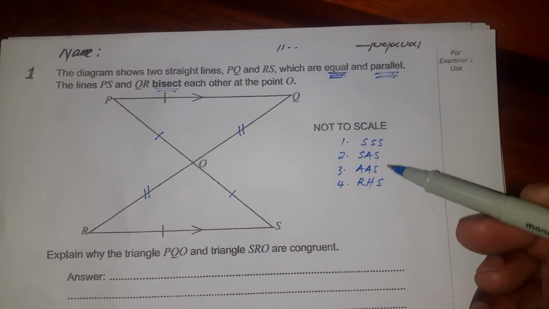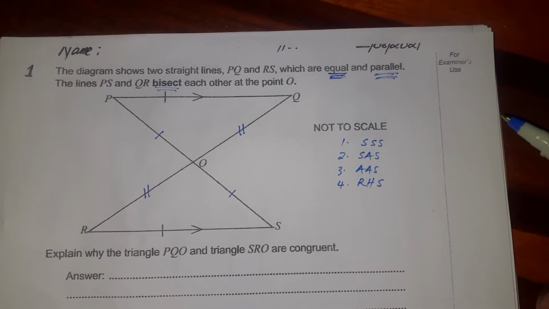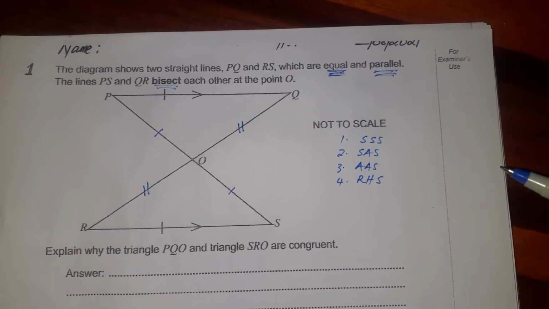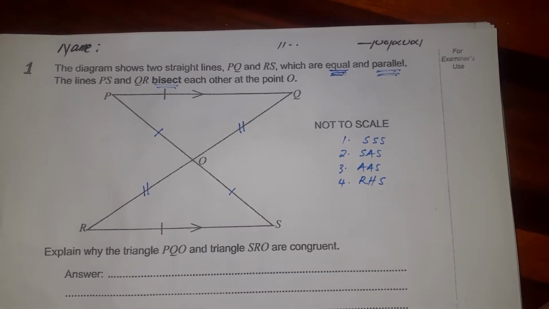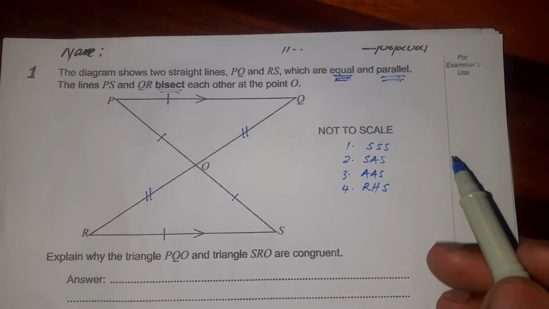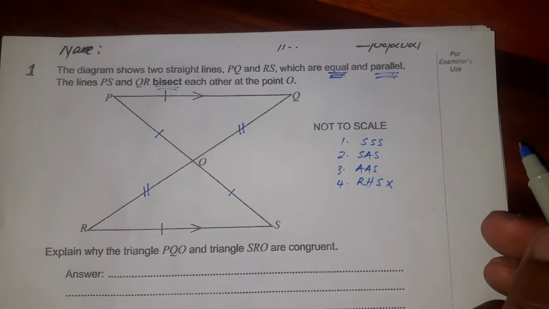If you do not know what these mean, you can check on the videos that I have recorded in the past weeks. I've explained about this. Now, looking at our two triangles, these are not right angle triangles. Therefore, this will not work.